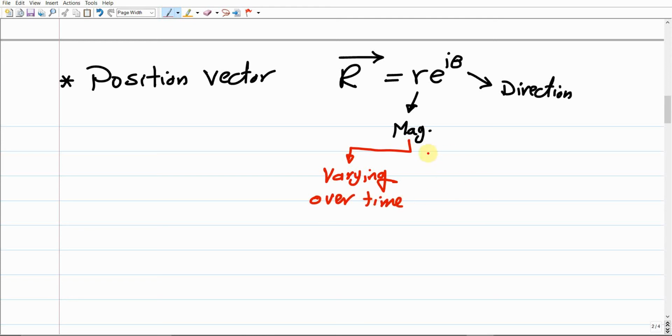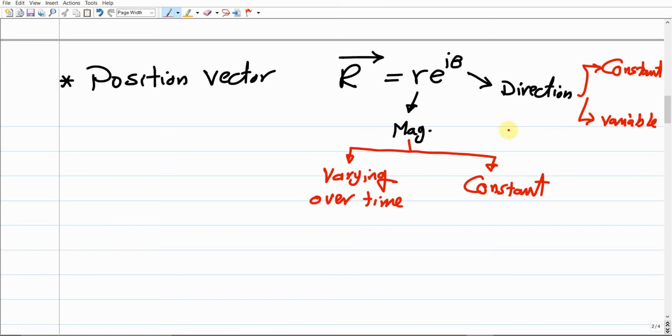Another option is that it would be constant, or time invariant. It does not depend on time, it's just constant. The same issue applies to the direction. The direction could be constant, not varying over time, or it could be variable over time.